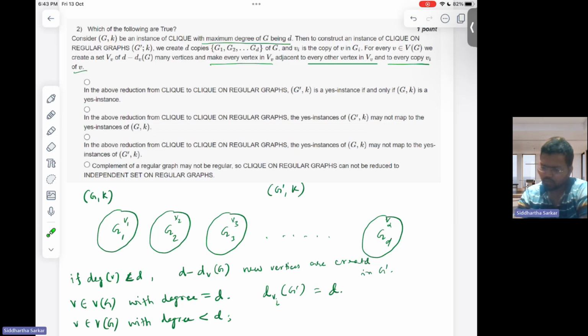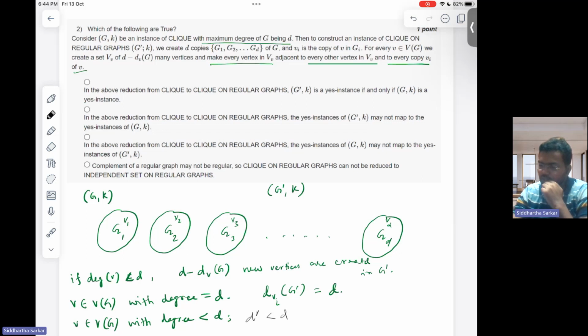Therefore, the degree of every copy becomes d minus d_v(G) plus whatever degree it had. Let us say the vertex had degree d', strictly less than d.